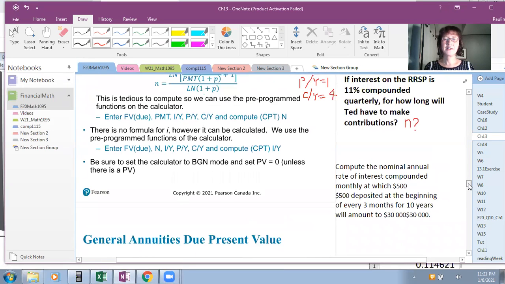Next, let's calculate the interest rate, the nominal rate.